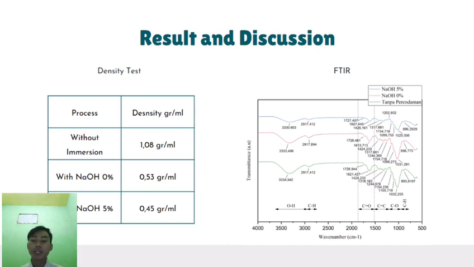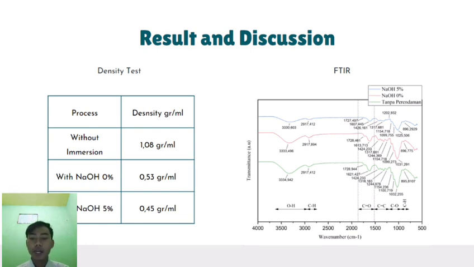The decrease in lignin can be proven by the lower peak intensity of the 0% and 5% NaOH samples.